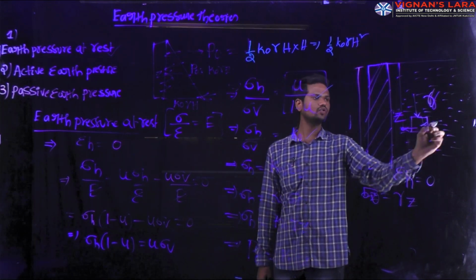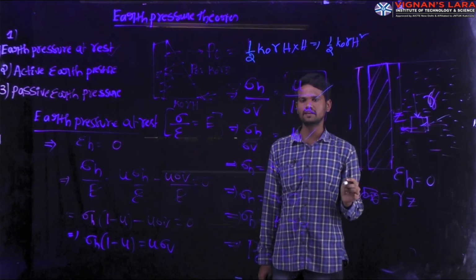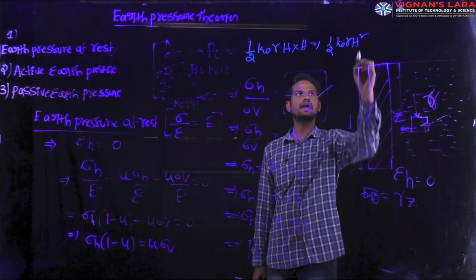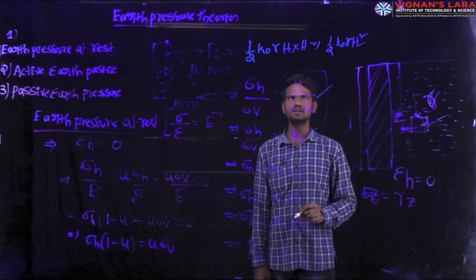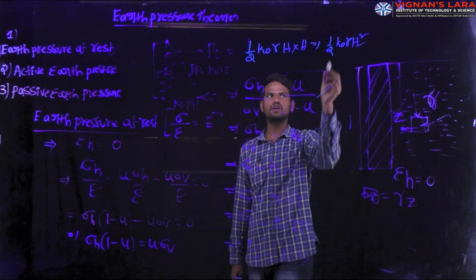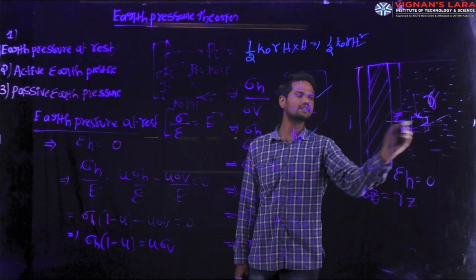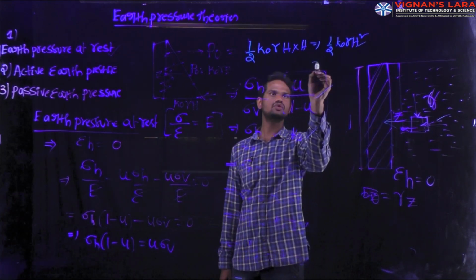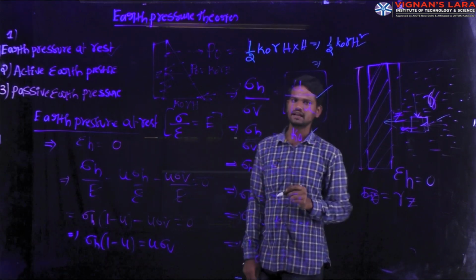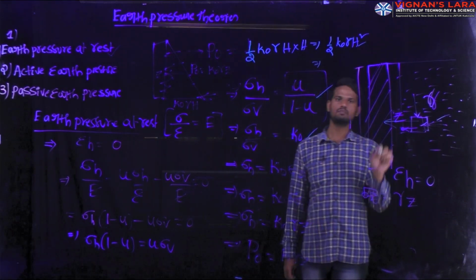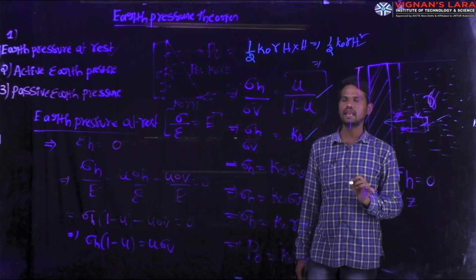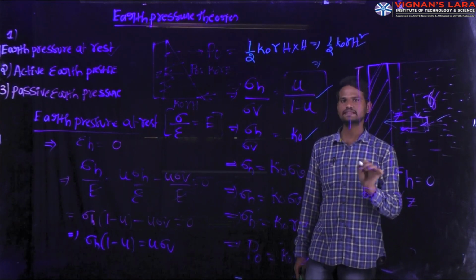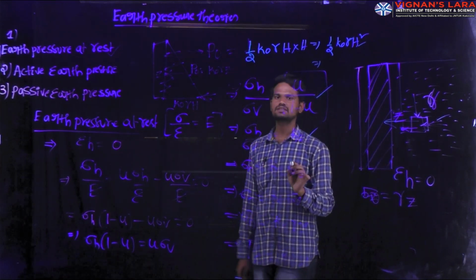Gamma is the unit weight of the soil taken from the backfill, and H is the total height of the soil mass. If they want the total earth pressure at 3 meters, you just have to substitute that particular depth. Up to now, this is the calculation procedure for earth pressure at rest condition.